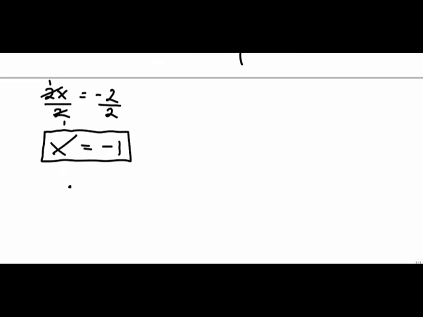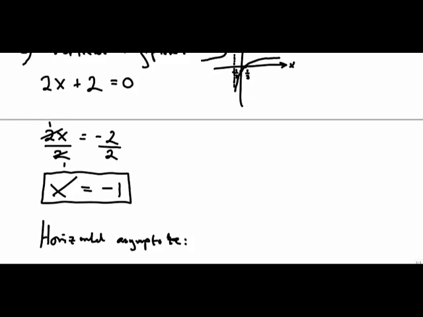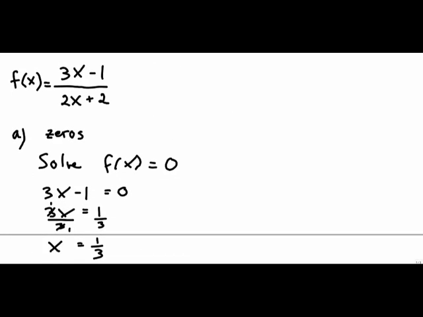Now let's find out if we have a horizontal asymptote. It's a little bit difficult to write with this pad, but it's okay. Well, we're just going to study the coefficients in front of the x terms.